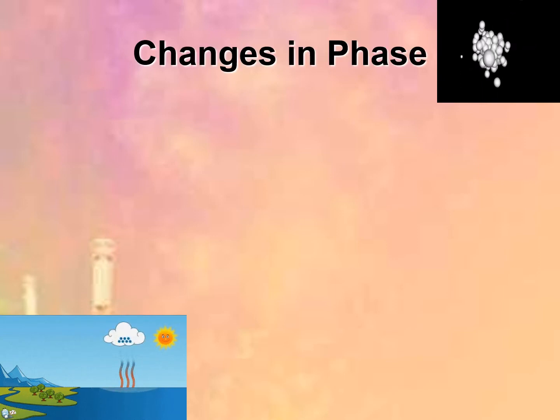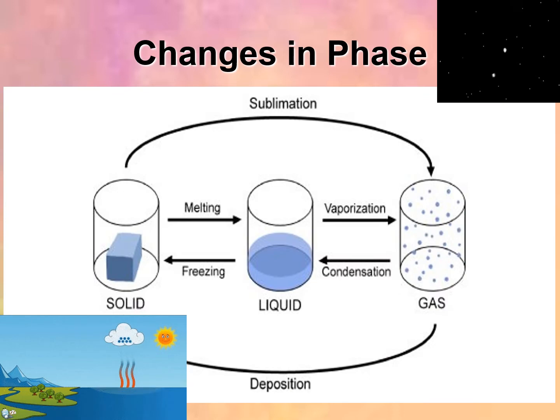This is the diagram about changes in phase. This picture, class, represents the state or phase of matter as it changes. The solid, liquid, and gas. And when the solid phase turns into a liquid phase, that is the process called melting or liquefaction.